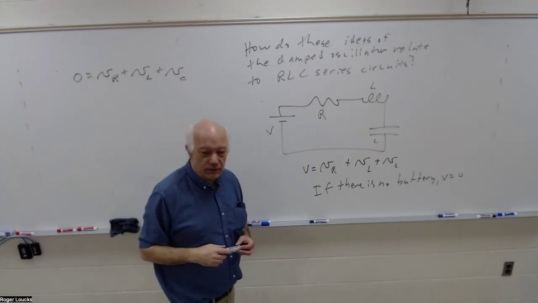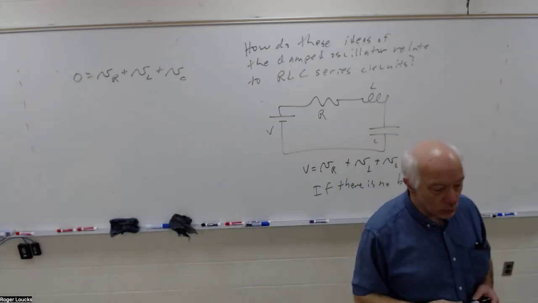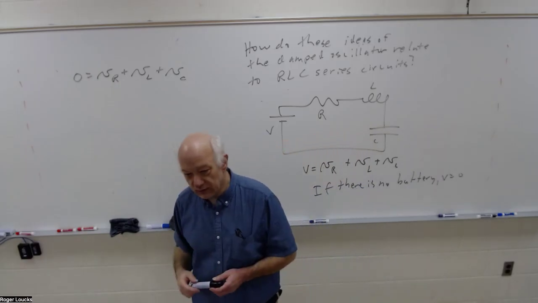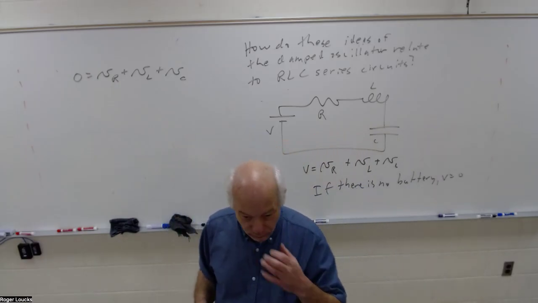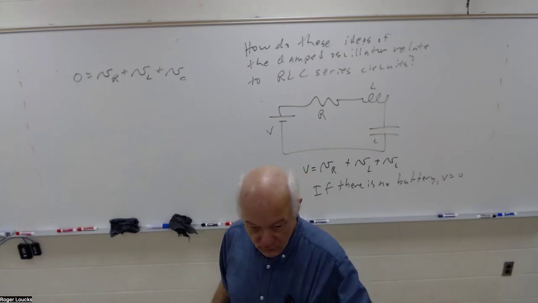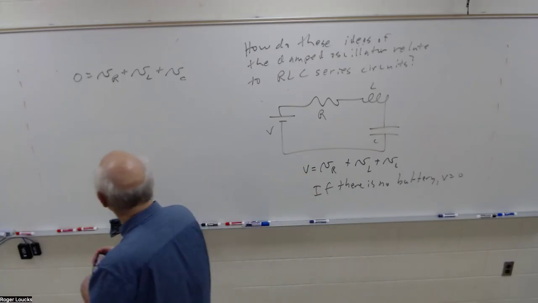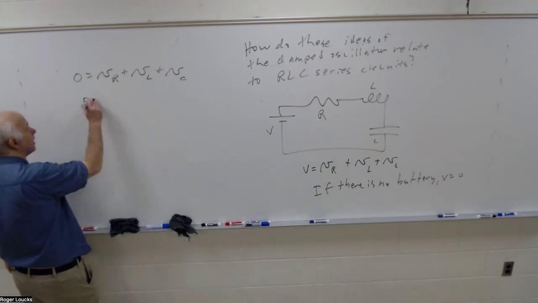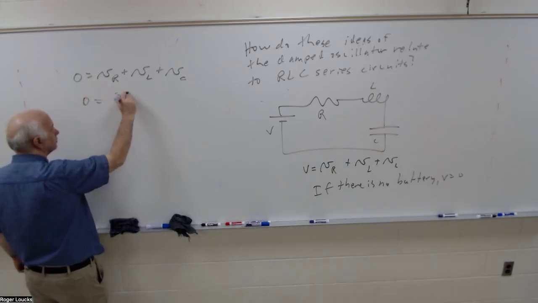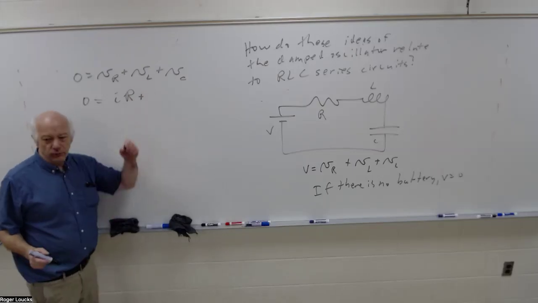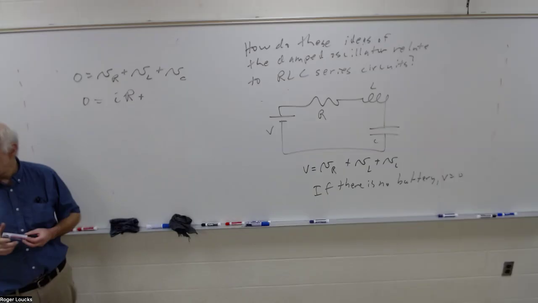So, what do you know about the voltage across your resistor? For 126, you don't know anything about it yet. Yes, I times R. The voltage across my resistor is current times resistance, plus, and this one might be a longer memory, what do you know about the voltage across an inductor?